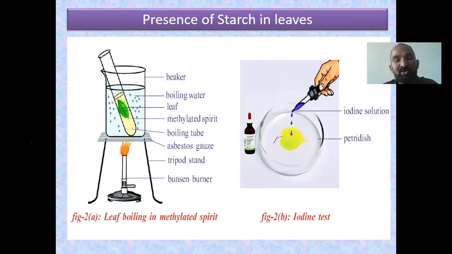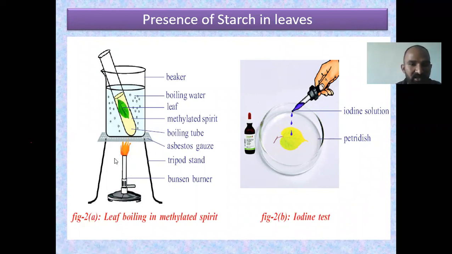Okay, so what precautions did we take for conducting this experiment in our laboratory? Mainly, when we pour the methylated spirit, it is a highly inflammable chemical, so we keep it away from the fire.